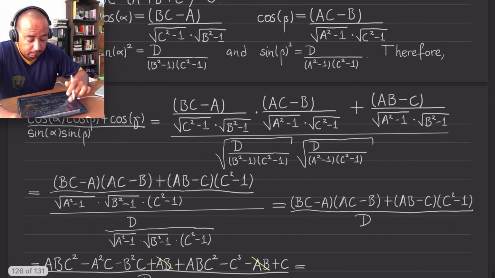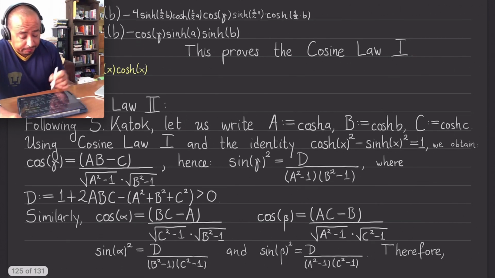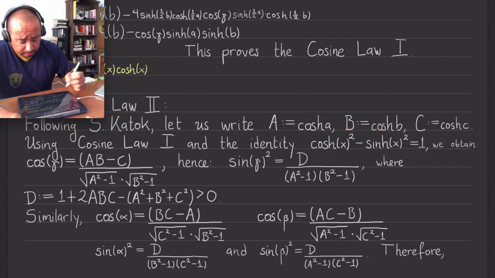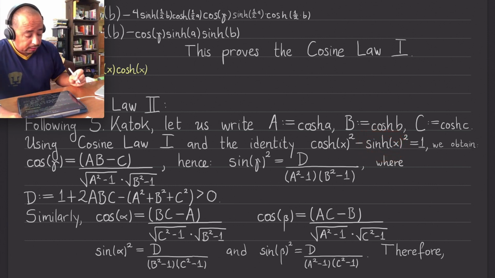But one does it, and that's what one really uses. Well, one uses this identity, and what one uses is that this identity allows you to write this hyperbolic sine as the square root of hyperbolic cosine squared minus 1.